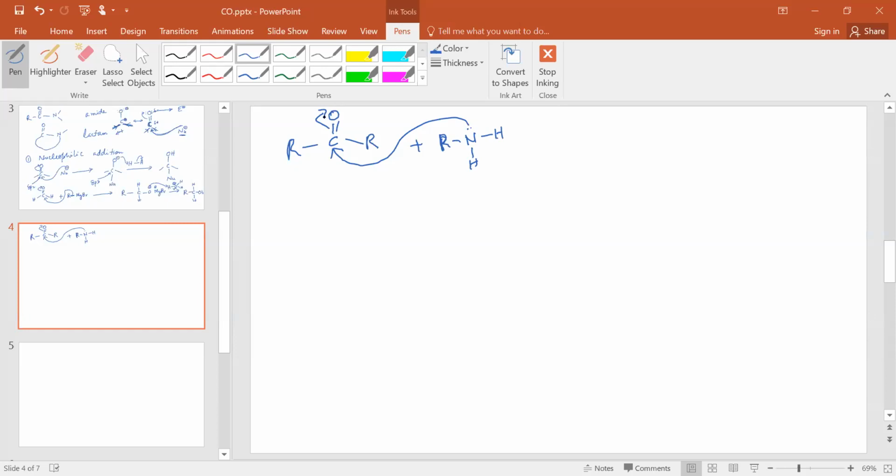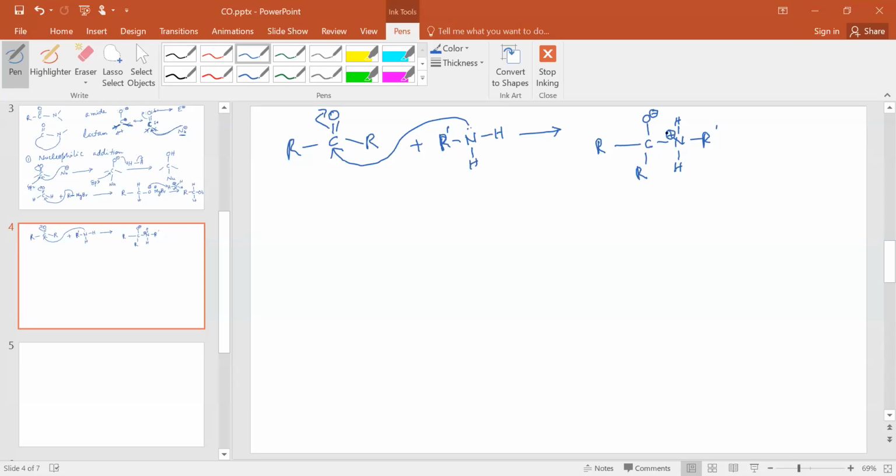Okay. So what will happen? Carbon attached with R, oxygen minus, nitrogen came, and nitrogen has 2 hydrogens and it has R prime. Let's write R prime to distinguish. Now nitrogen, see here it's neutral. It gave the lone pair to make a bond, so it will get a positive charge.